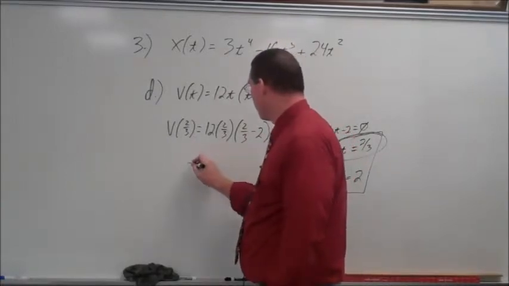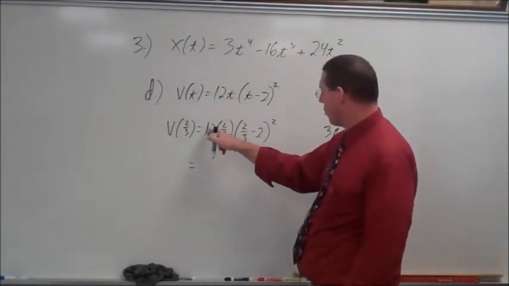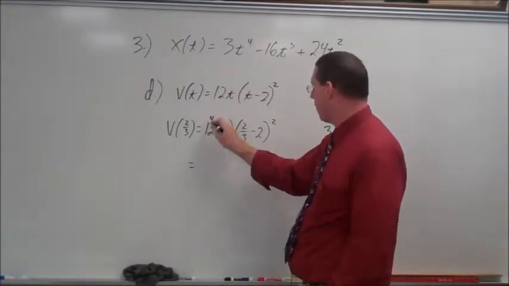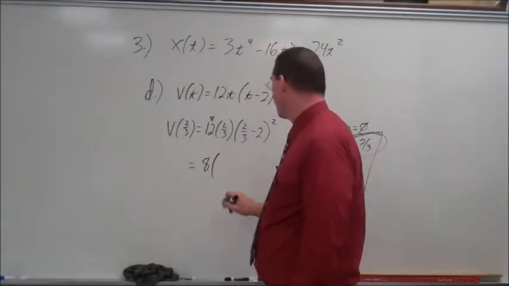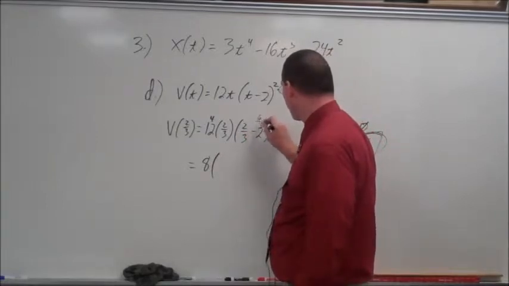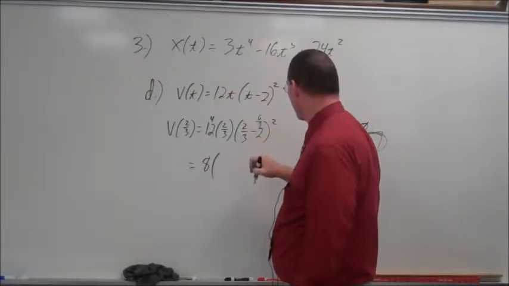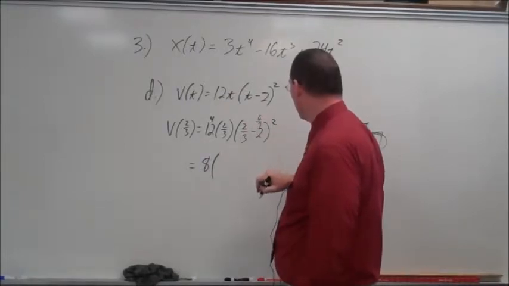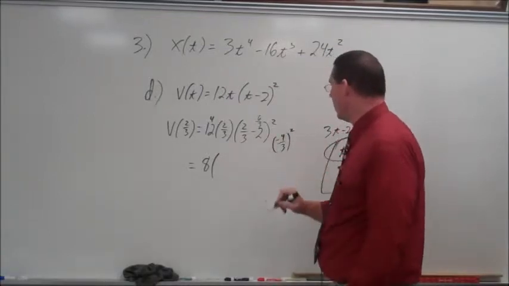Okay? And if you work all this out, I got the 12 and the 3. I'm going to cancel the 3 and turn that into a 4. So I'm going to have a 4 times 2. That's going to be 8 times... here's a 2/3. I'm going to turn that 2 into a 6/3. So now 2/3 minus 2 is negative 4 over 3, and then I have to square it.